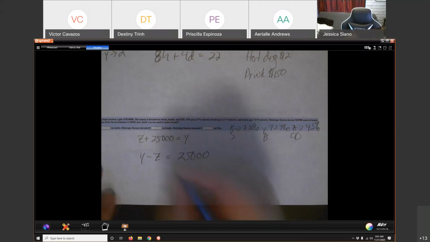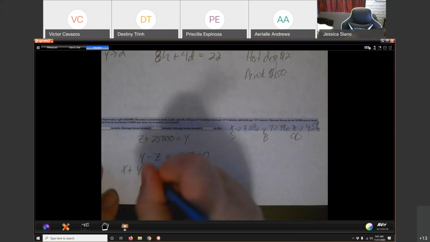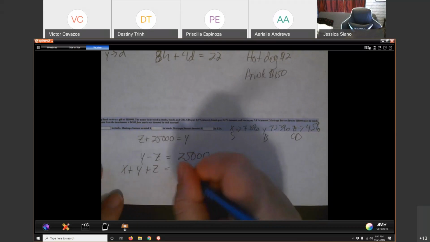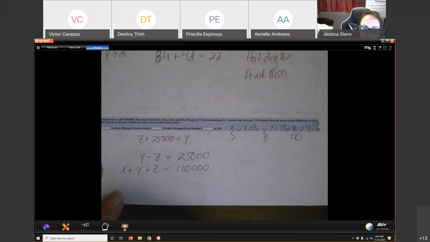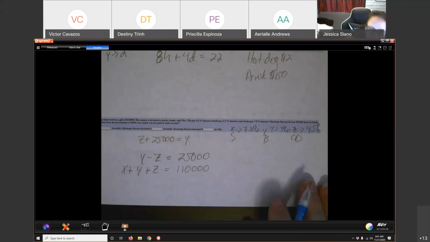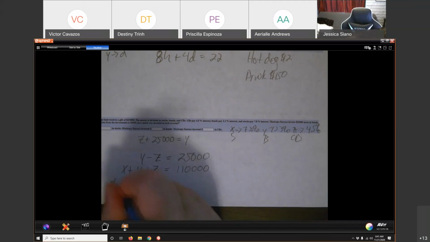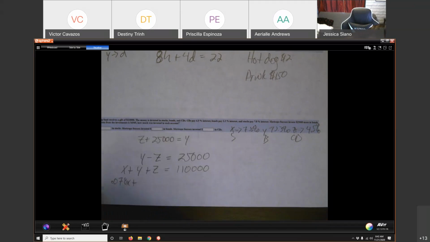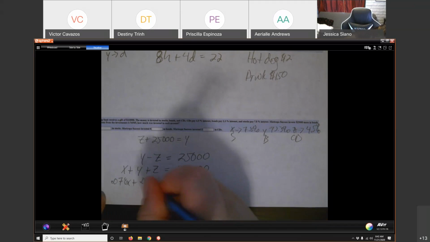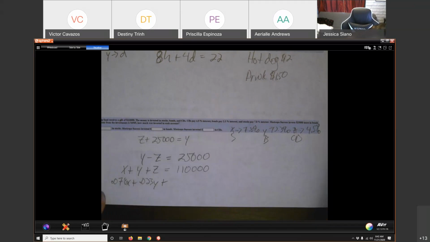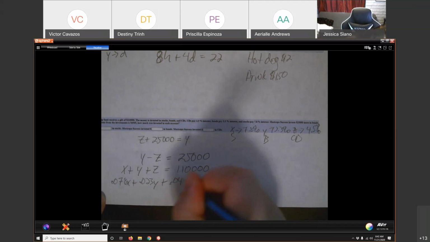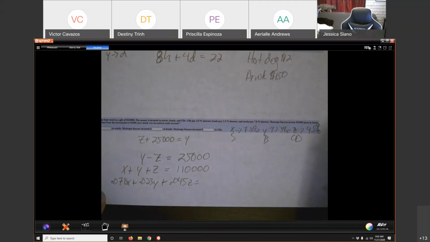We also know that x plus y plus z is 110,000. And we also know that 0.078x, 0.023y, and 0.045z is 4565.